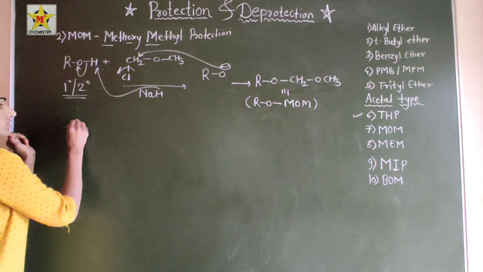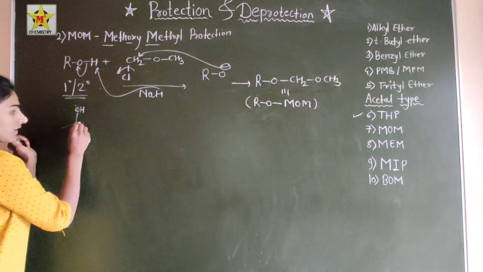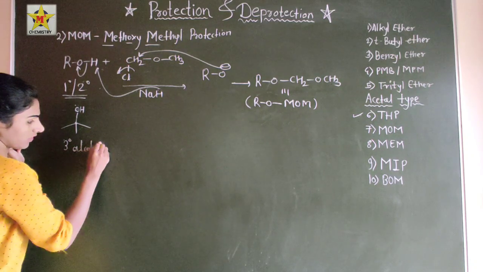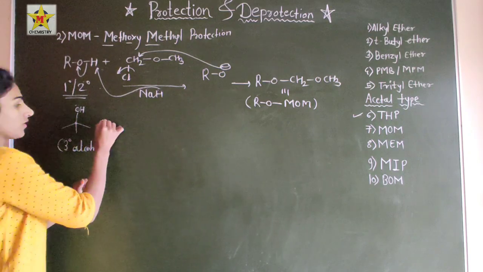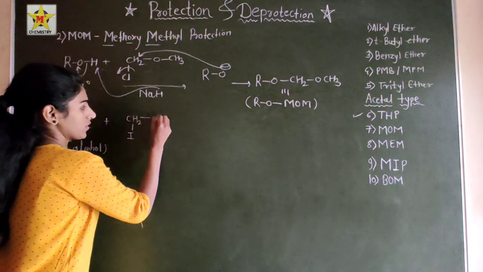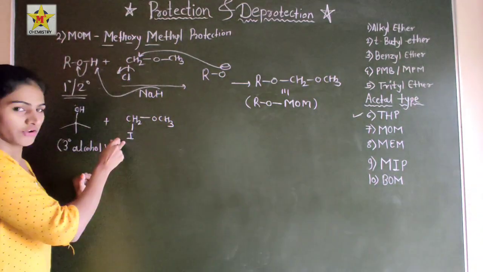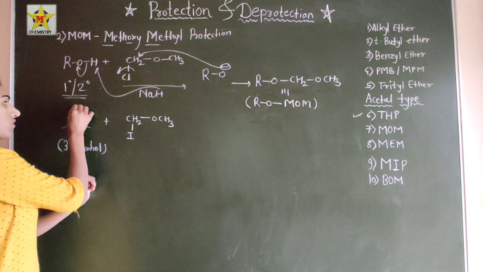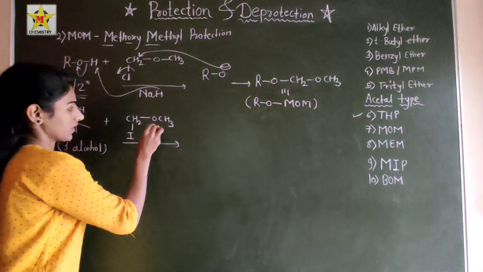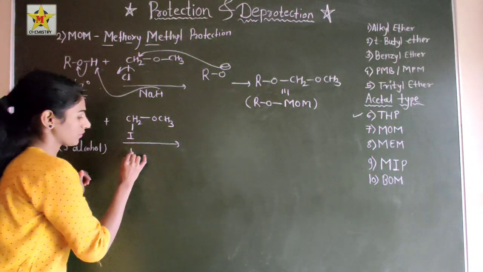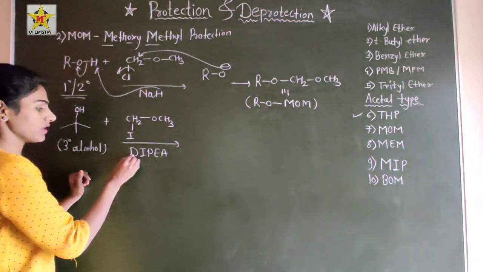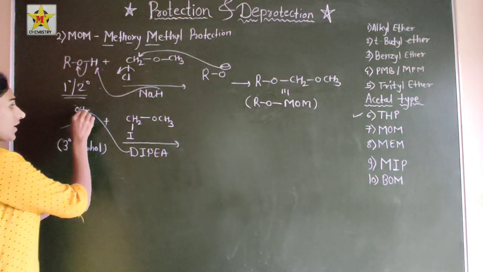But if tertiary alcohol is present, then we have to use methoxymethyl iodide, CH2I with the methoxy group, in presence of diisopropylethylamine. This will abstract this hydrogen atom.